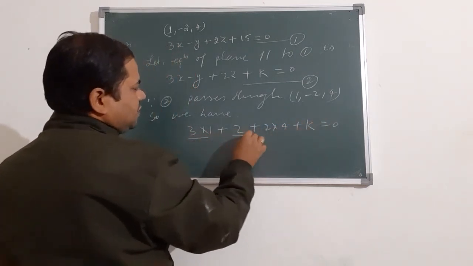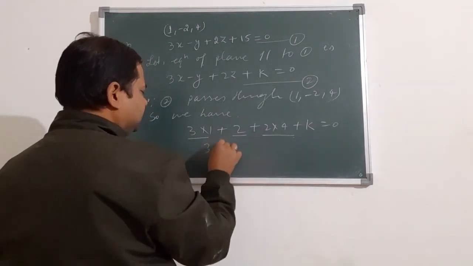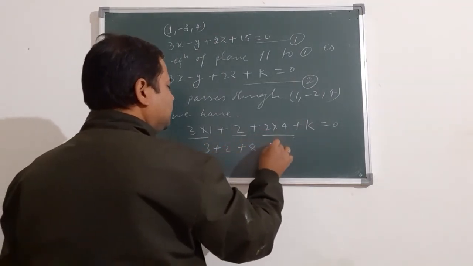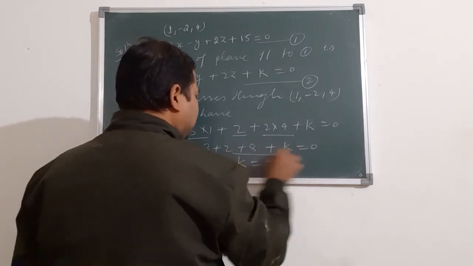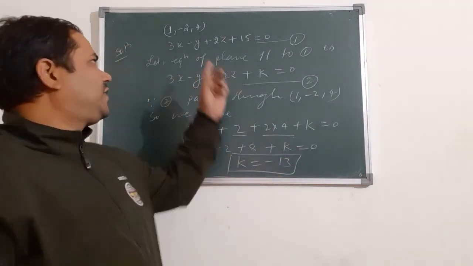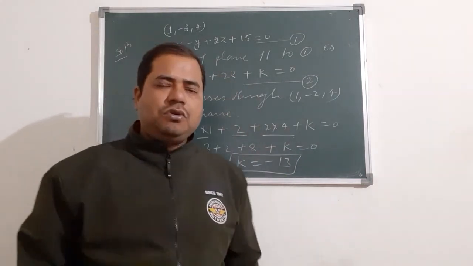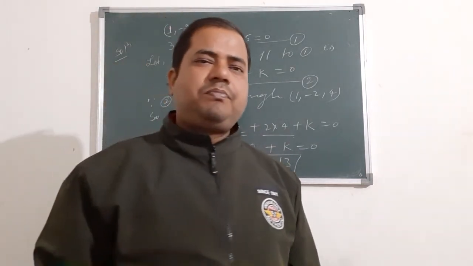So 3 plus 2 plus 8 plus k is equal to 0. So k will be nothing but minus 13. Put this value of k in equation number 2, and you will get the required plane.